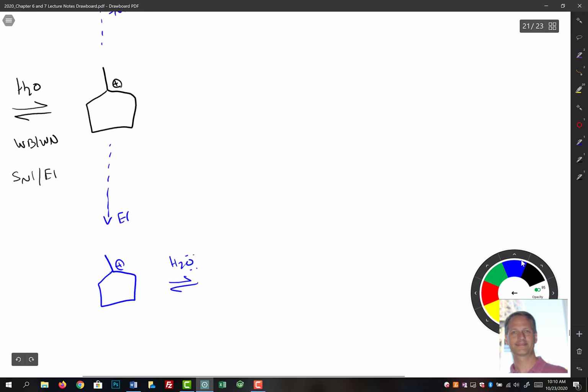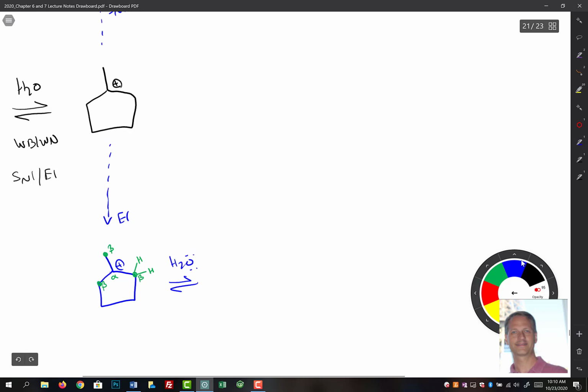Well, we have to look at all the beta positions. Remember, that's your alpha position. So over here we have a beta position, right there's a beta position, that's a beta position too, right? And then also notice up here that that is a beta position. So we have 3 beta positions here, so we can take an H off of every one of these spots.